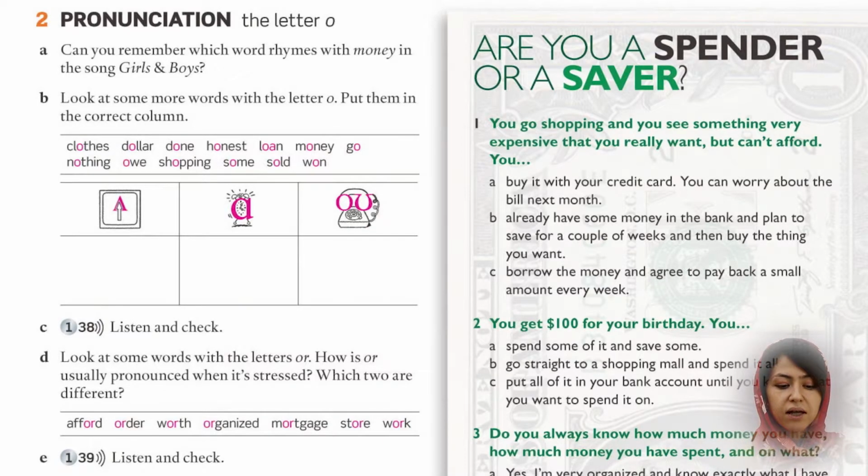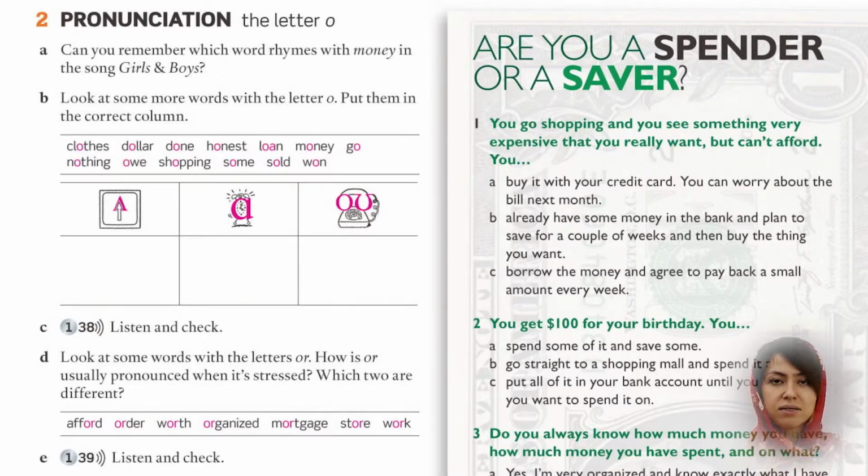O, O. The third column. Done, done. The first column. Shopping, shopping. The second column. Honest, honest. Again, the second one.